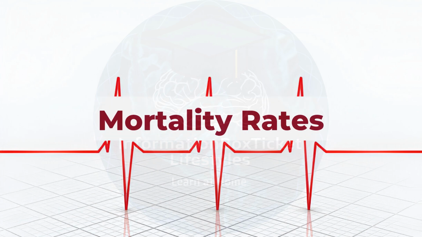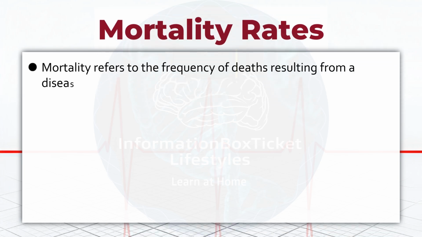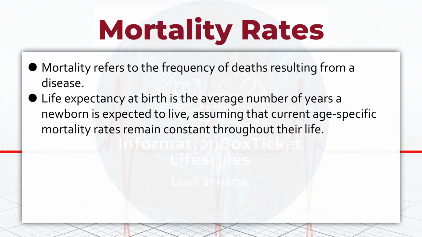Mortality rates. Mortality refers to the frequency of deaths resulting from a disease. Life expectancy at birth is the average number of years a newborn is expected to live, assuming that current age-specific mortality rates remain constant throughout their life.